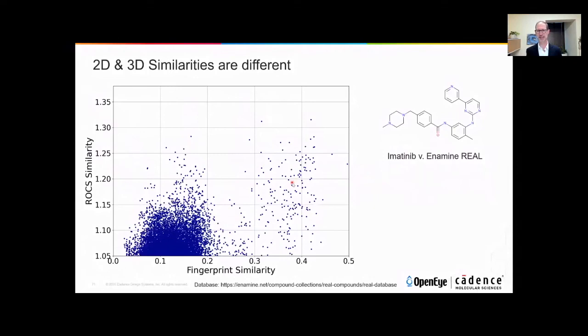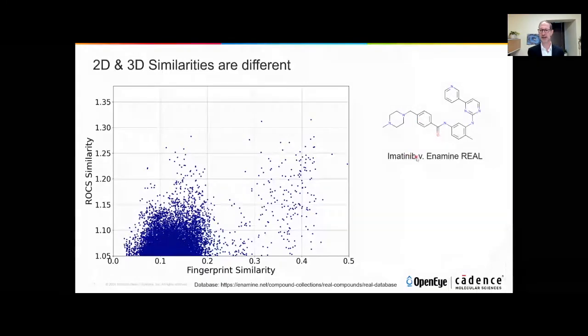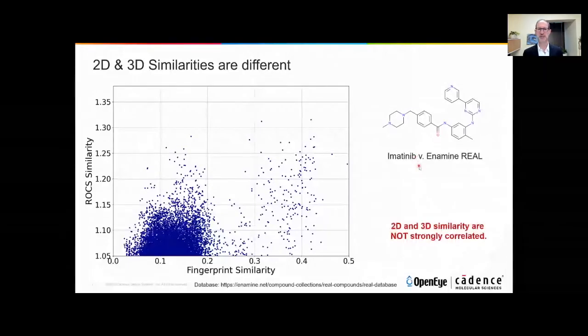They don't correlate. So they're seeing different similarities between molecules. Happen to be here using a molecule I used a moment ago. This is imatinib, Gleevec, a well-known anti-cancer compound. So this lack of correlation between 2D and 3D is quite interesting, and I'll come back right at the end of the talk to how we can exploit that to improve virtual screening performance.